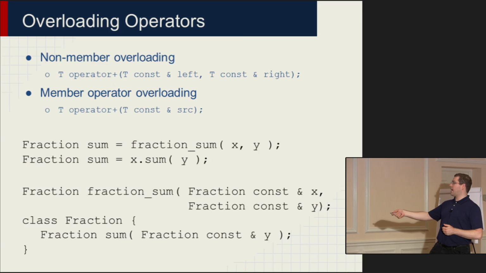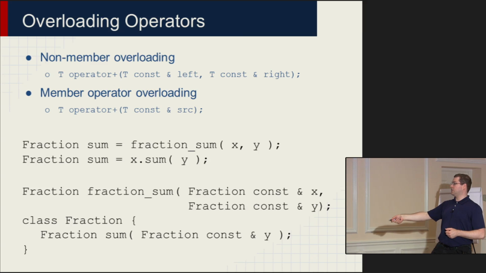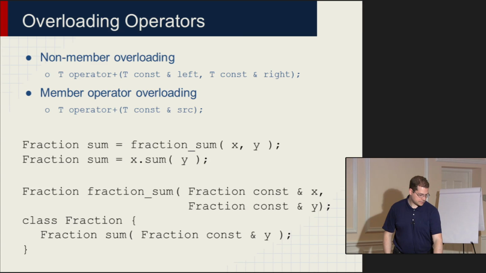So for example, here you'd have fraction sum, and x dot sum y, and it's the same sort of signature. And the implementation is the same, where you'd have fraction, fraction, sum, and the two variables. And again, if you have a member function, you implicitly operate on the object you're a member of, and then the other one is passed in as a parameter.